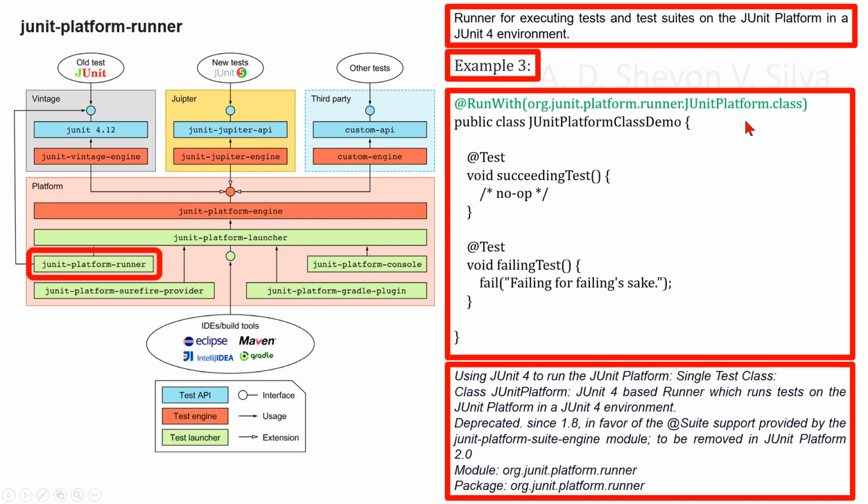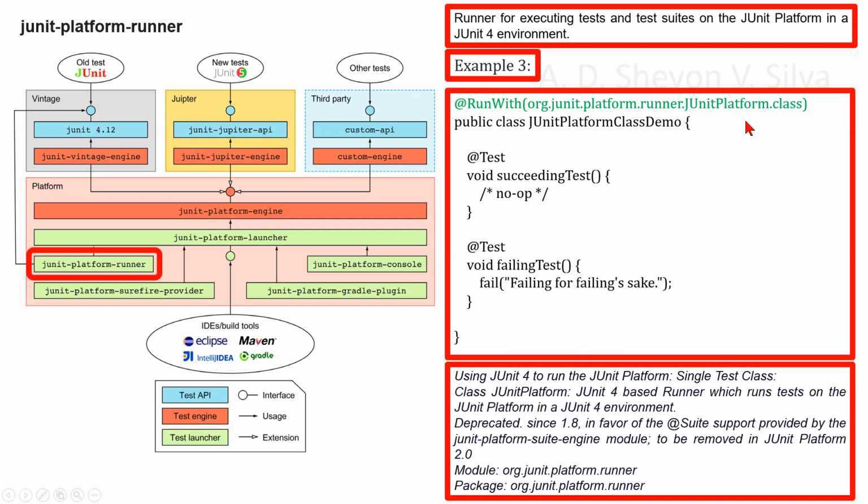JUnit platform runner is a JUnit 4 based runner which enables you to run tests whose programming model is supported on the JUnit platform in a JUnit 4 environment. For example, a JUnit Jupiter test class.